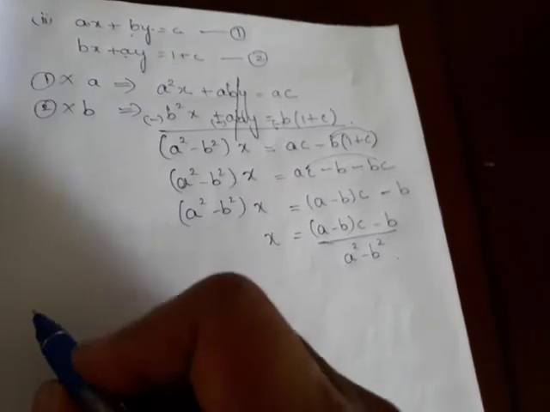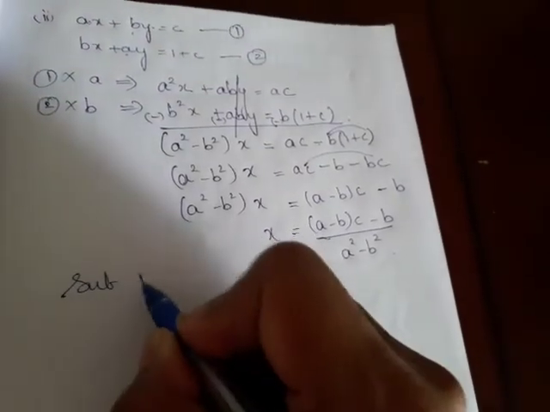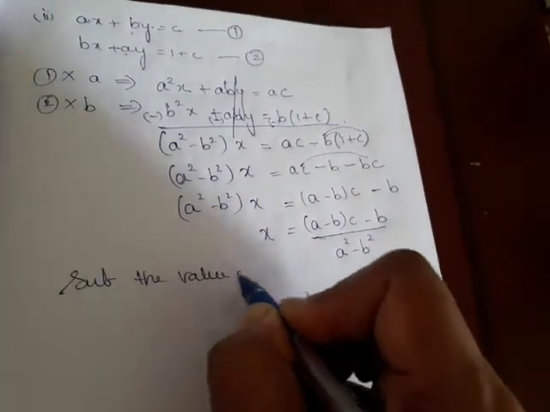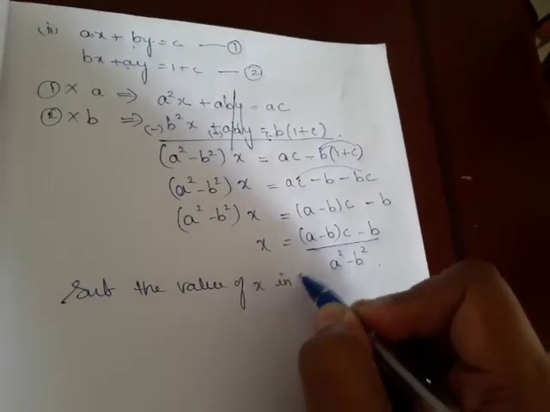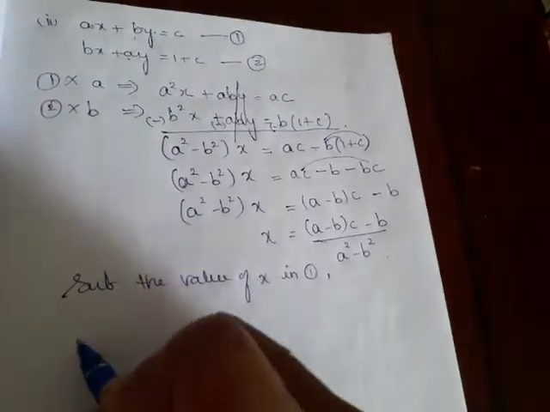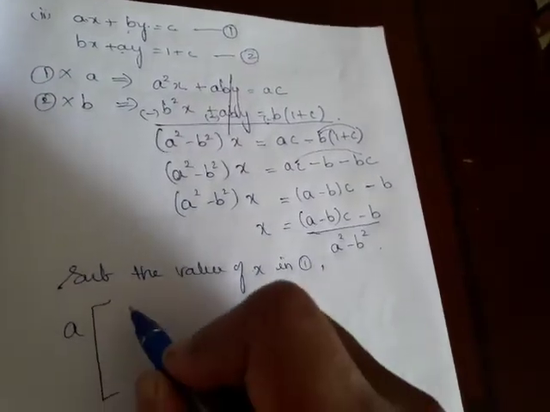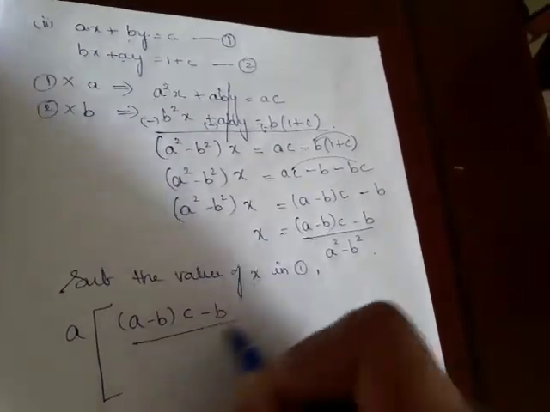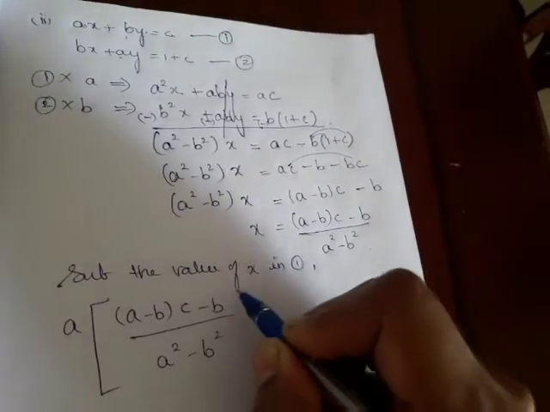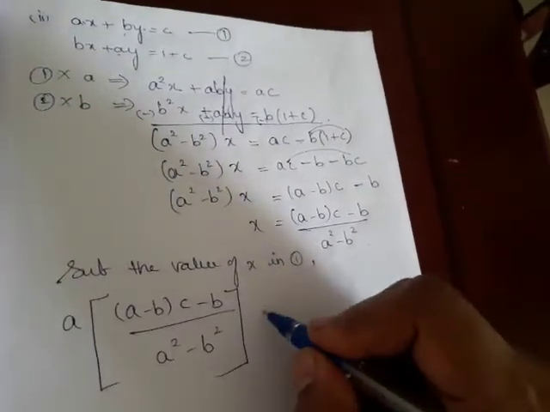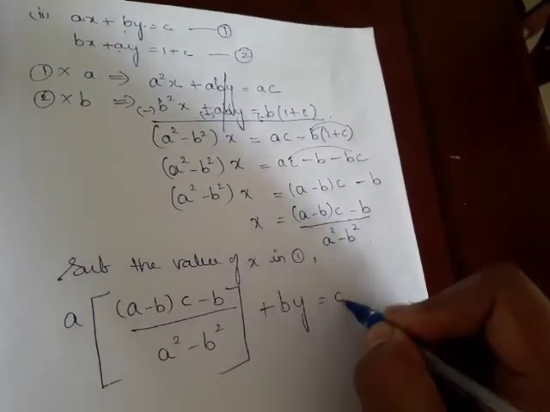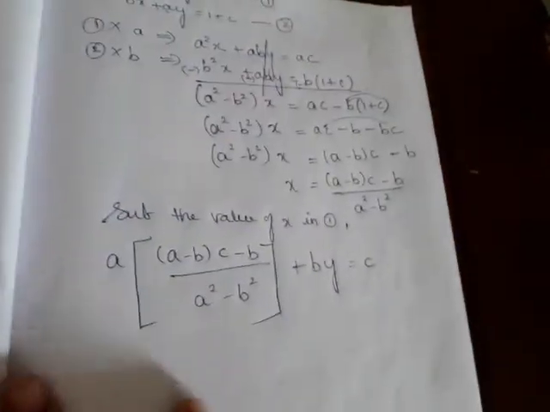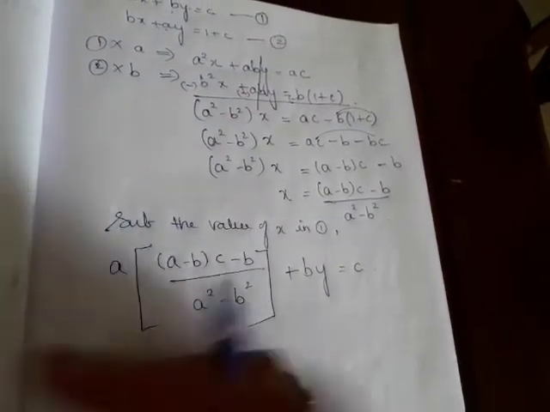Now substitute this x value in any one of the equations. I am going to substitute the value of x in the first equation. What will happen? a into, in the place of x, a minus b into c minus b divided by a square minus b square, plus by equals c. Now let us multiply and see what happens.